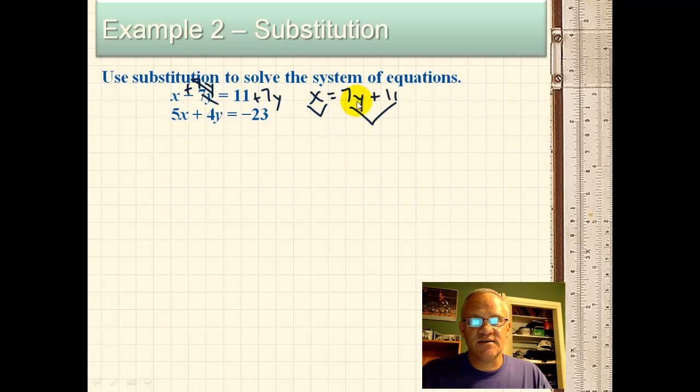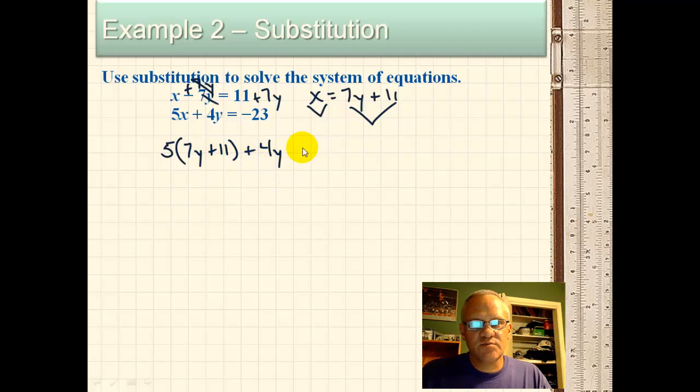Your backup running back is 7y plus 11. And so in the other equation here, we have 5 times x, but you go, ooh, x got injured, so we have to put in 7y plus 11.